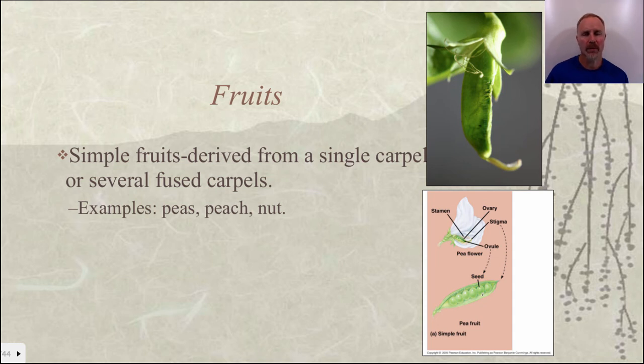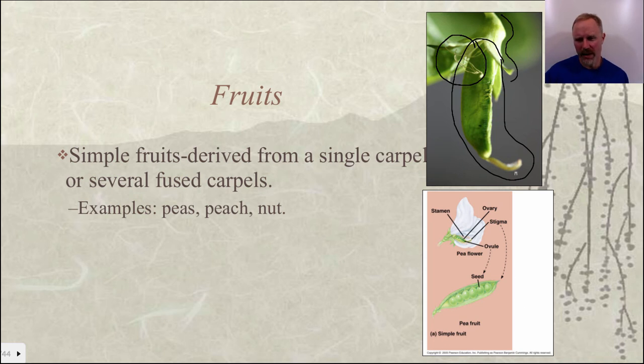So with simple fruits, you have a single carpel, just like with the pea plant we just saw, and you've got peas and peaches and certain tree nuts that are growing this way. And again, you can see here these are the sepals, these modified petals right here, and inside of this is where the flower contained the female portions of the plant, as well as, in this case, the stamen here, these male portions of the plant, which gave rise to the pollen.